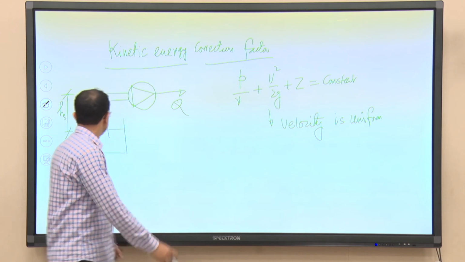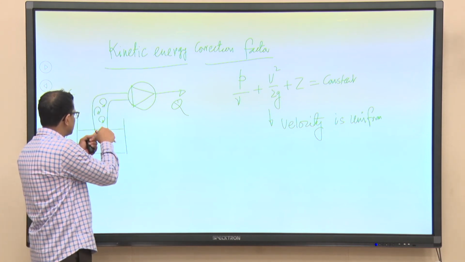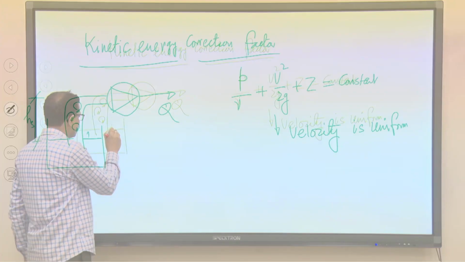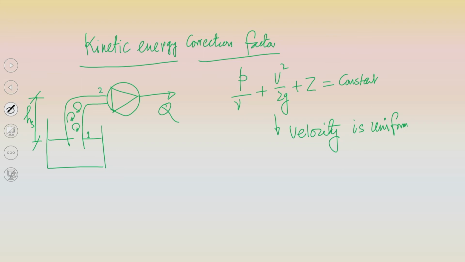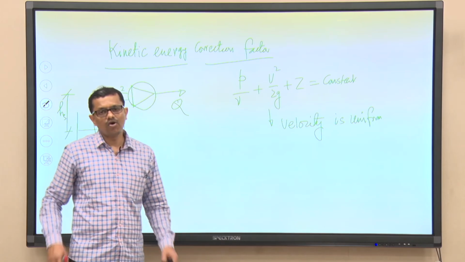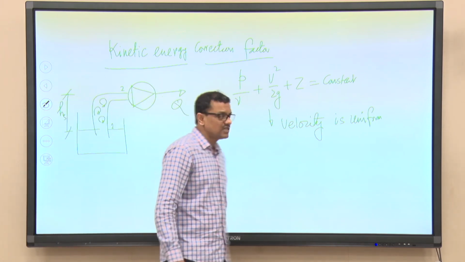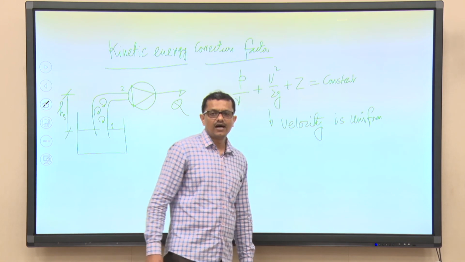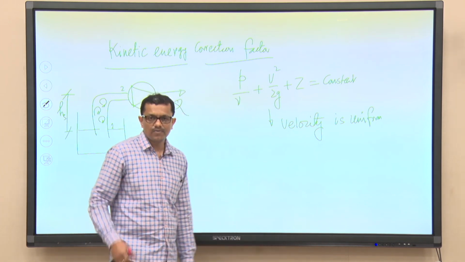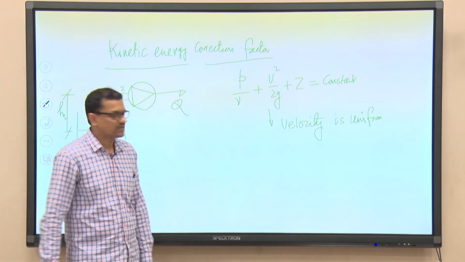Say if I apply this equation between point 1 and point 2, then we have to consider that velocity is uniform, and this is seldom true in all practical applications. If this is not the case, then we will definitely encounter the problem that we have discussed.